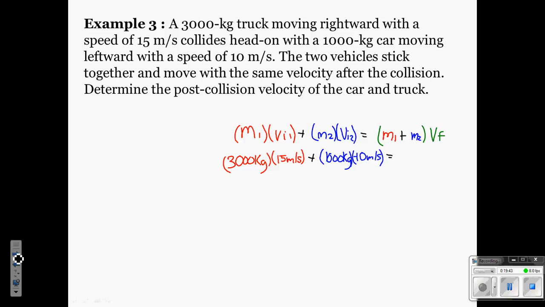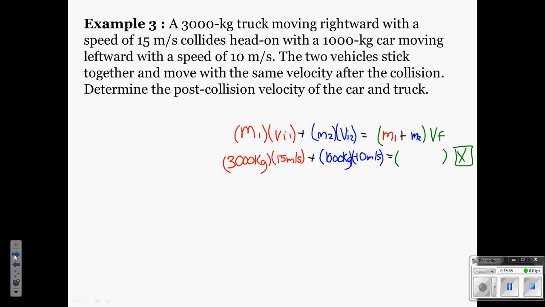And that is going to be equal to, and I'm just going to add my masses together here because I'm running out of room. Now remember, my VF is my X because that's what I want to find.